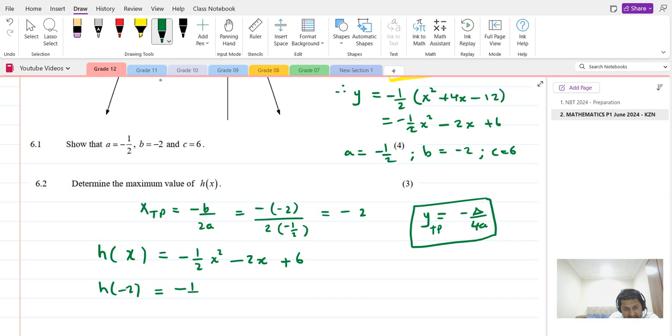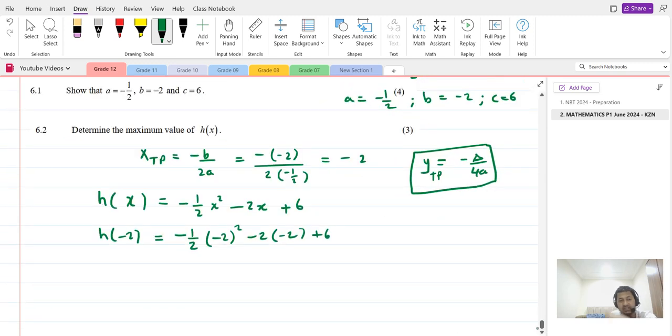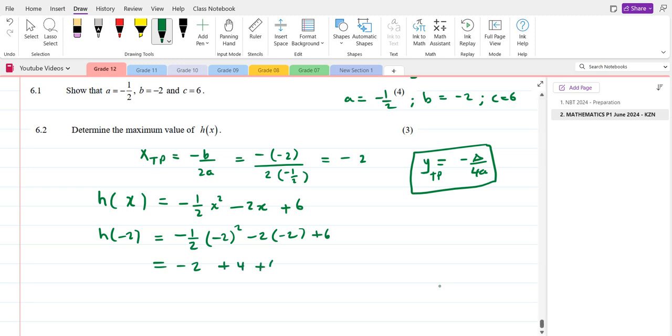So we got minus half into minus 2 squared minus 2 times minus 2 plus 6. Okay, so if we add up everything, 4 times minus half, that's minus 2, plus 4 plus 6.